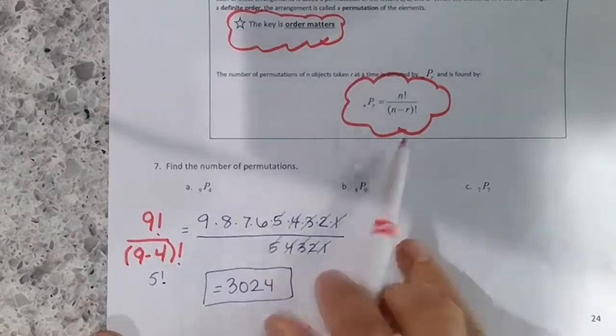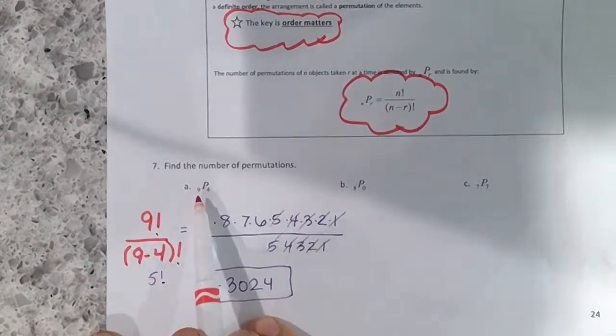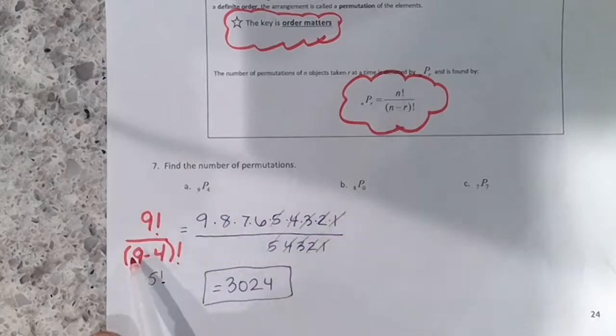All right, so here I have my formula. 9 factorial divided by the quantity 9 minus 4 factorial. I'm just going to go ahead and write it all out. As you get better with this, you'll know what numbers to write out and what numbers not to.